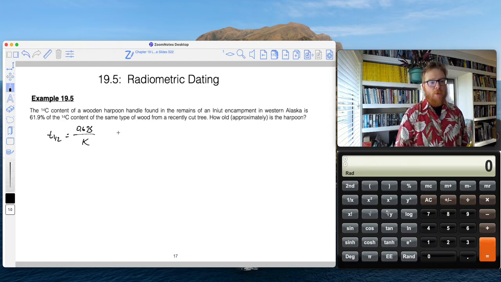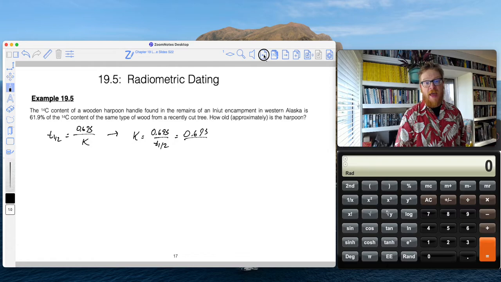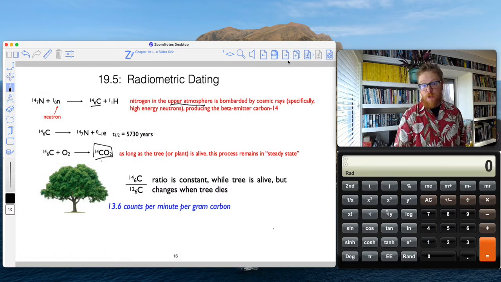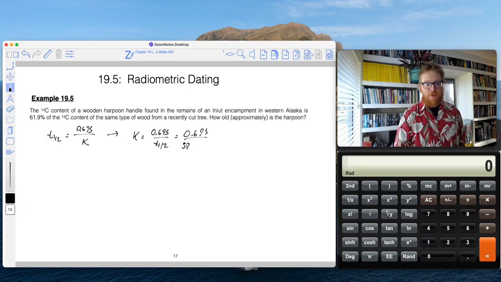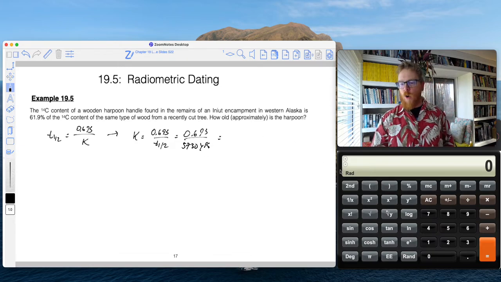So I'm going to rearrange that to get the rate constant: k equals 0.693 divided by t 1/2. I'll plug in 5730 years for the half-life, and that'll give us a rate constant in 1 over years.